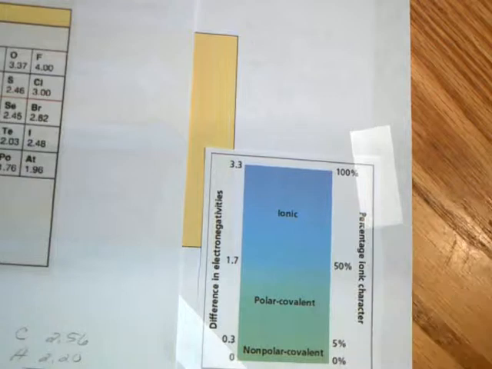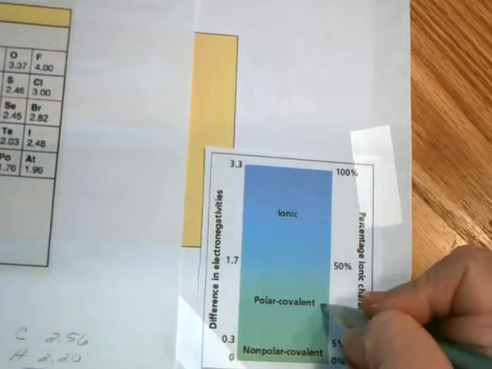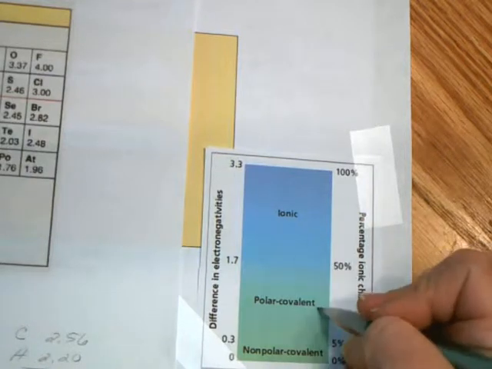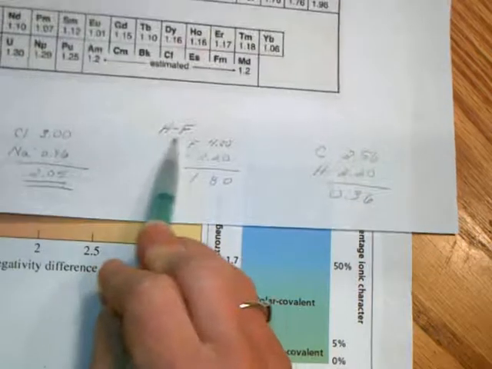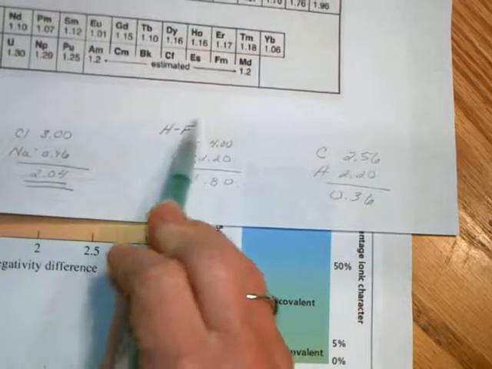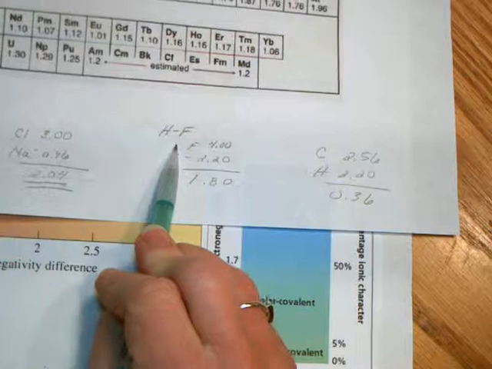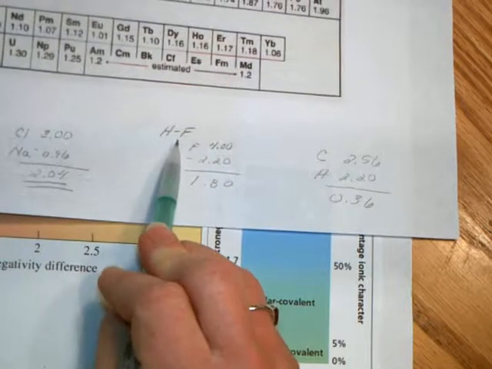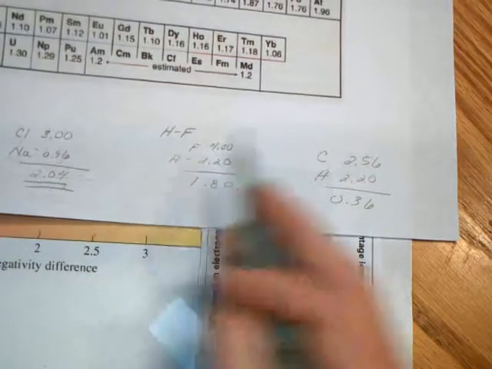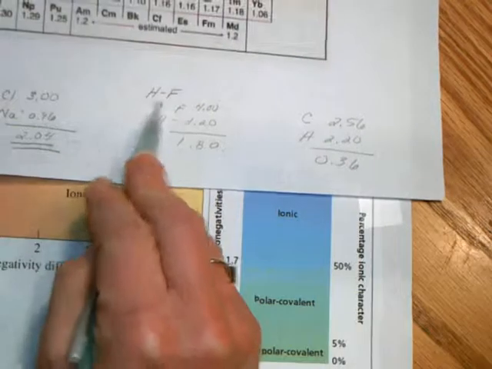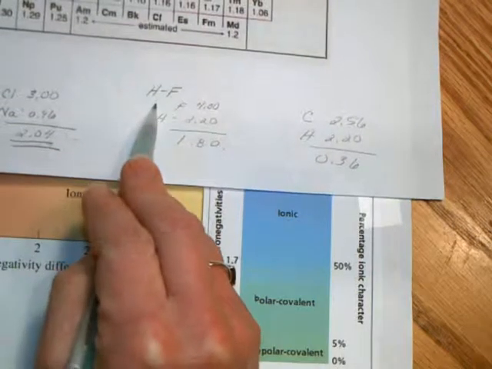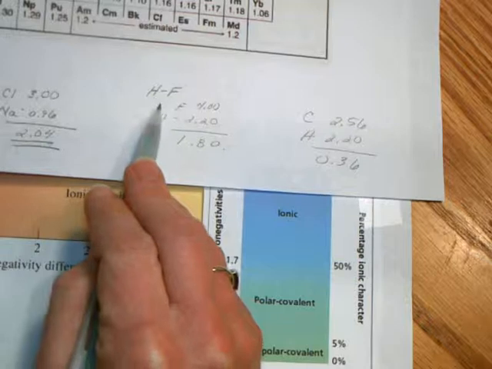Okay, now that's where composition will trump electronegativity difference. In the case of HF, they're nonmetals. They're going to be sharing electrons. Now, it is going to be so unequal that it's almost classified as ionic. However, composition trumps it, so it's still polar covalent. It's just very, very polar covalent.